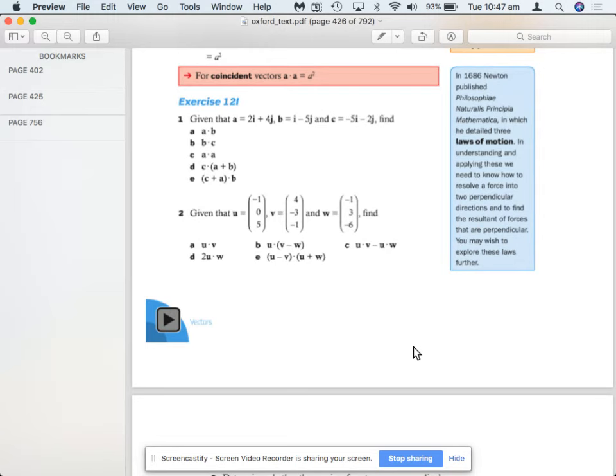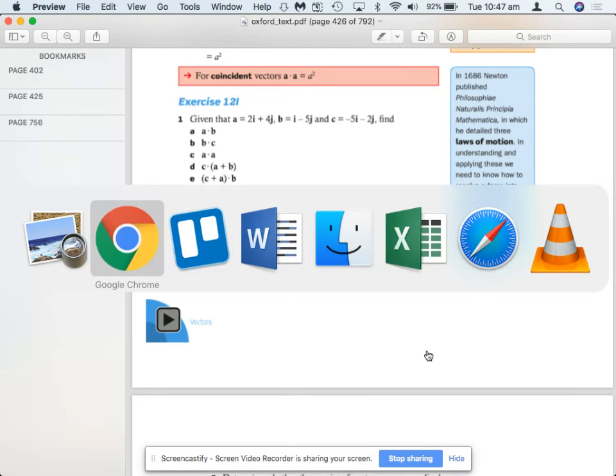We've got vector A equals 2i plus 4j, and vector B is i minus 5j, and vector C is 5i minus 2j. Okay, cool. So I've got those.